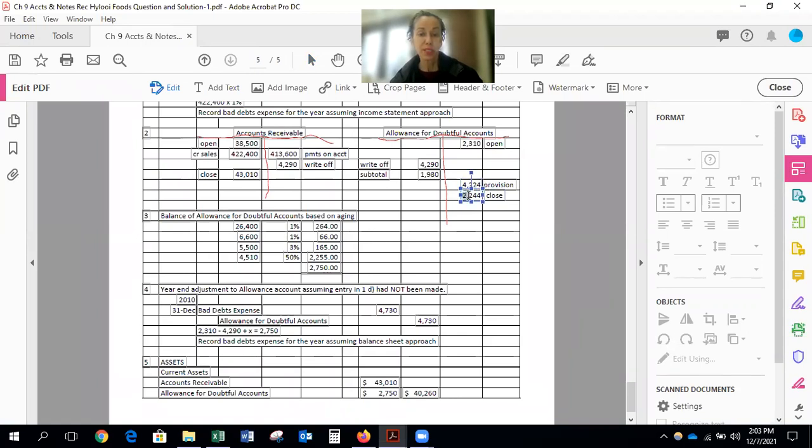What we want right here is 2750. We want the ending balance to be the uncollectible portion. In order to achieve that, we've got a debit balance of 1980, which means that to achieve an ending credit balance of 2750, we're going to have to debit bad debts expense, credit the allowance for doubtful accounts, $4,730.